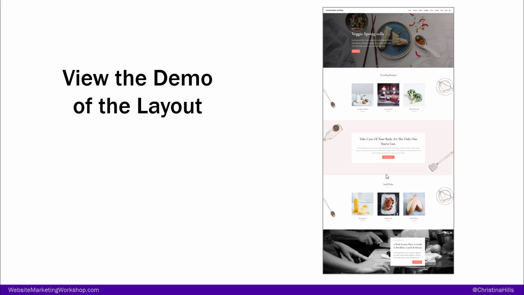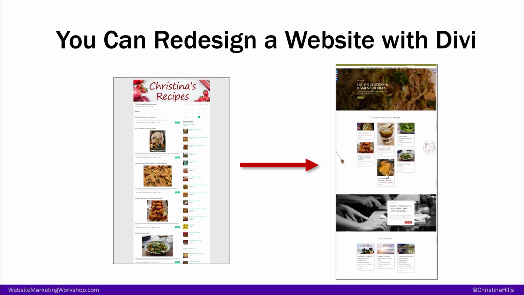So here's an example of a layout that I picked for one of my websites. I was redesigning my recipe website with Divi. So this is a screenshot of my old website, and then here's a screenshot of the new website. And look at how much more professional it looks.